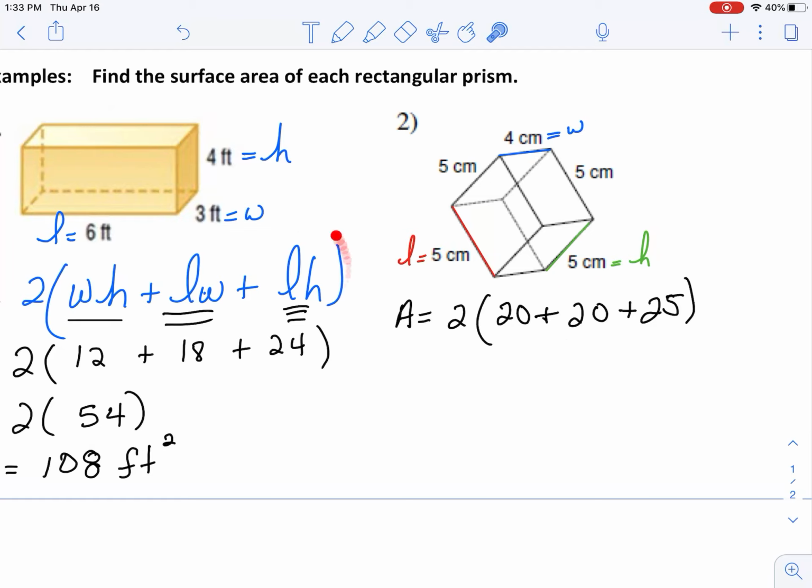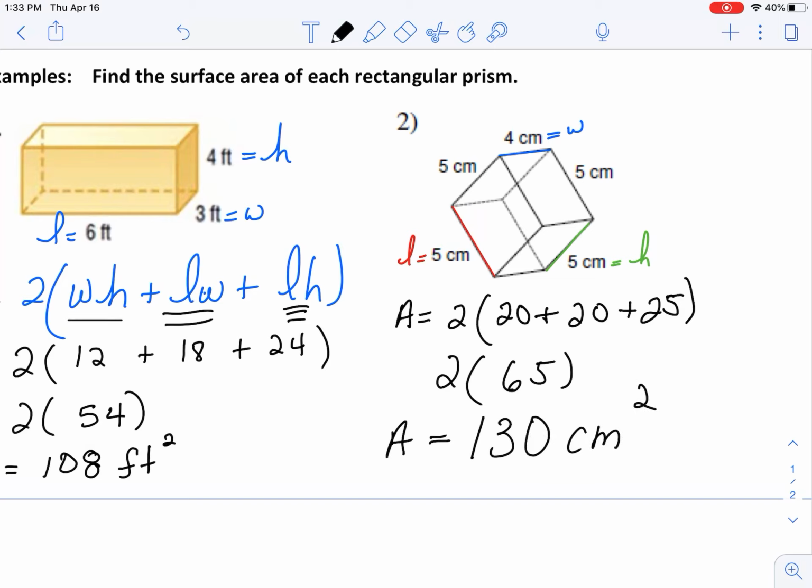And then the length times the height, which is 5. 5 times 5 is 25. All right, so now we're just going to add this up. 20 plus 20 is 40, plus 25 is 65. So then we get an area of 2 times 65 is 130 square centimeters.